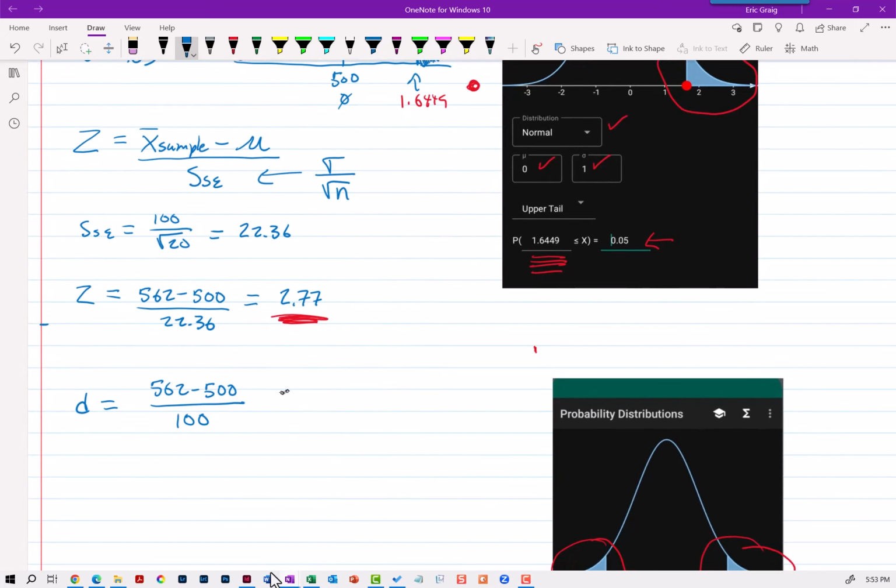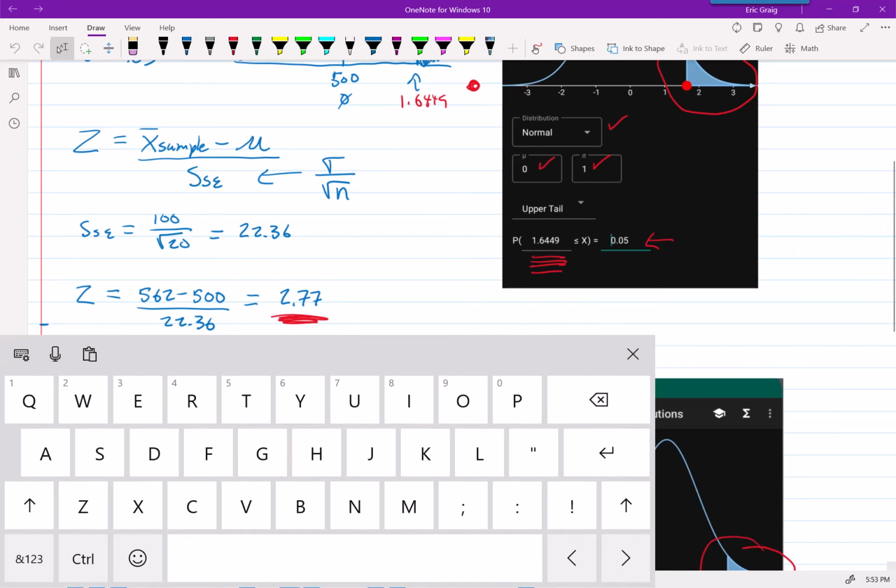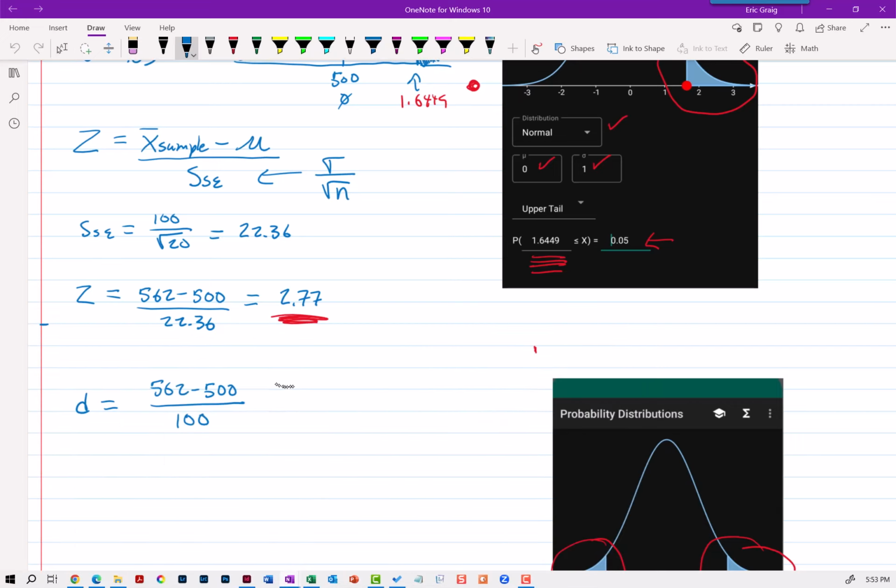So we have 562 minus 500, that's going to give us 62 over 100, and that, of course, equals 0.62.